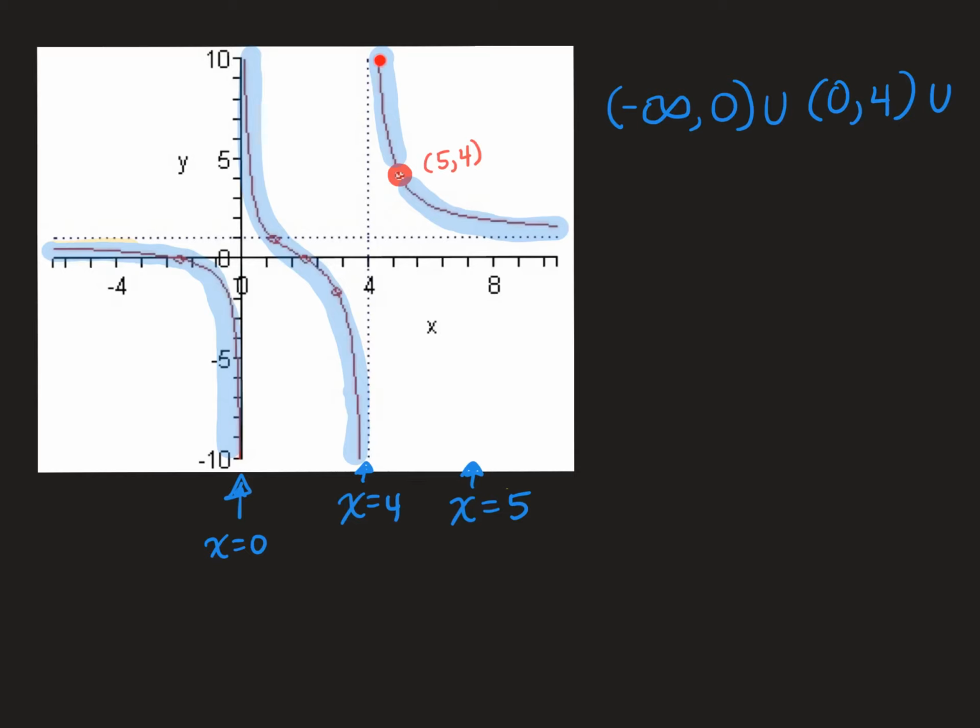So that's just this little section here. That little chunk of the graph has a domain from 4 to 5. Very small little piece of the graph there, from 4 to 5. Okay, and that's because it's between these two values here. Between x equals 4 and x equals 5 is where our break is.